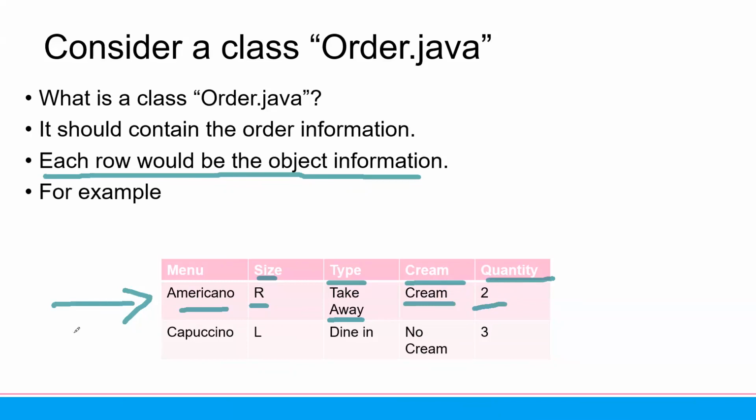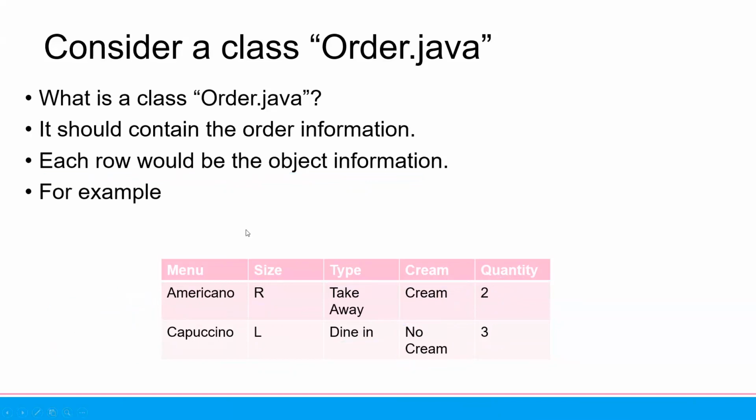So there is another customer, customer 2 orders cappuccino, the size is large. And then the customer dines in and there is no whipped cream. And then the quantity is 3. Then we need to build the Java class for this one.